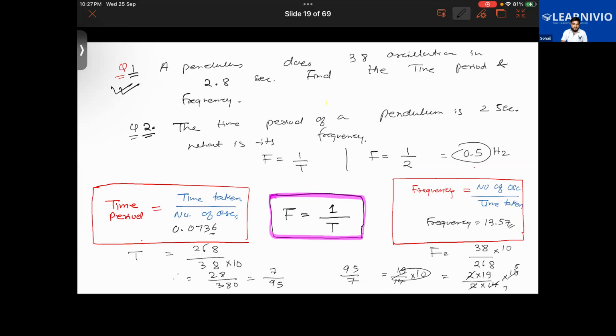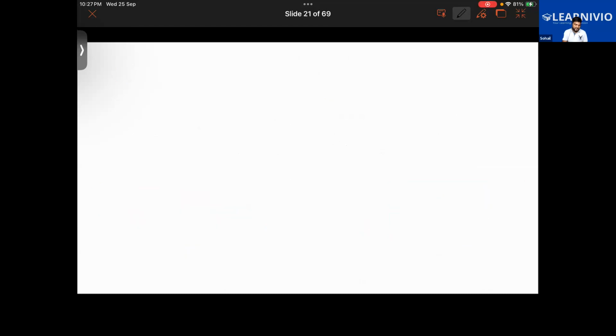Sir, with the frequency formula, will one always be on top? One will always be on top. It's a relation: frequency is the inverse of time period. When you invert the time period, you get the frequency. For example, what is the reciprocal of 9?